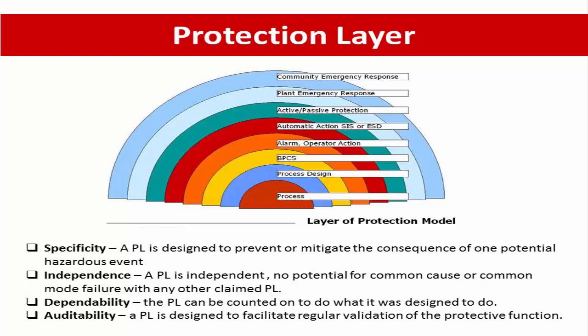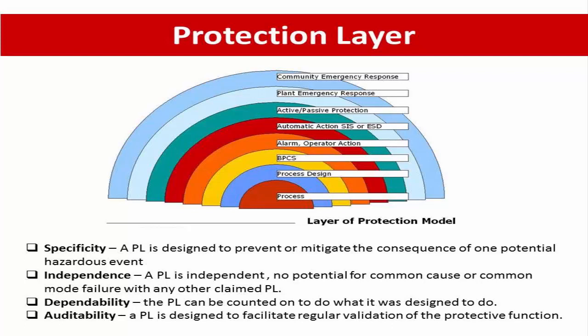A protection layer is independent of other protection layers if it can be demonstrated that there is no potential for common cause or common mode failure with any other claimed protection layer. Dependability. The protection layer can be called on to do what it was designed to do. And last, auditability. A protection layer is designed to facilitate regular validation of the protective function.